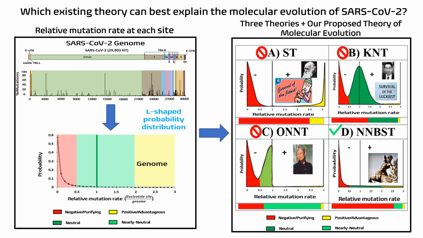The NNBST theory states that most sites are conserved, as in agreement with the previous three theories. Some sites are under near neutral selection as a symmetric distribution of both weak positive and weak negative selection, and very few sites are under positive selection.